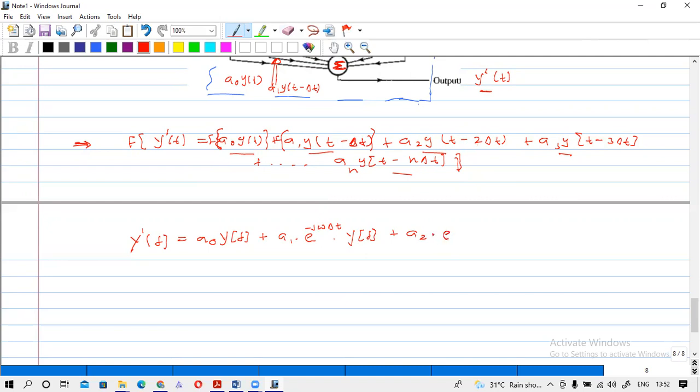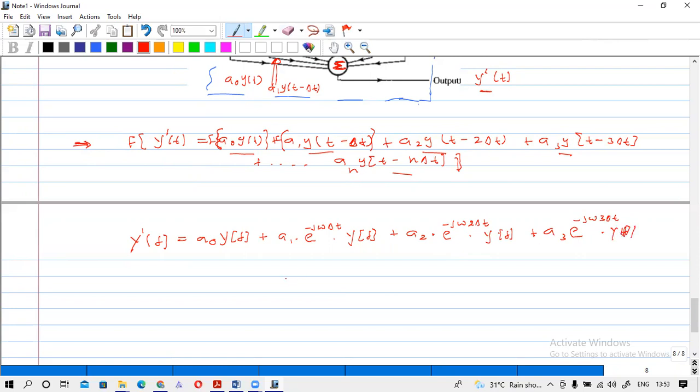So the delay is 2 delta t, and I will write it as e to the power minus j omega 2 delta t Y(F), plus a3 e to the power minus j omega 3 delta t Y(F).